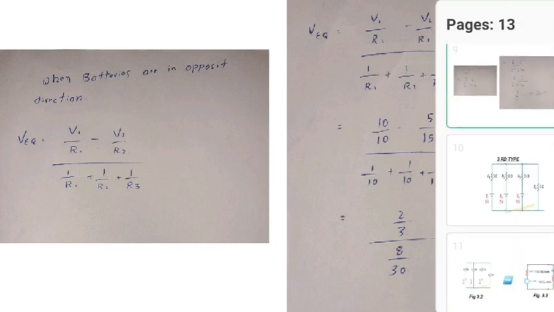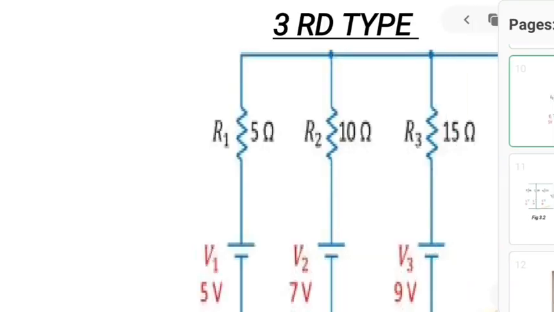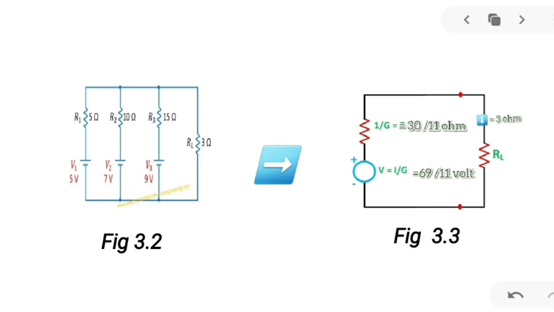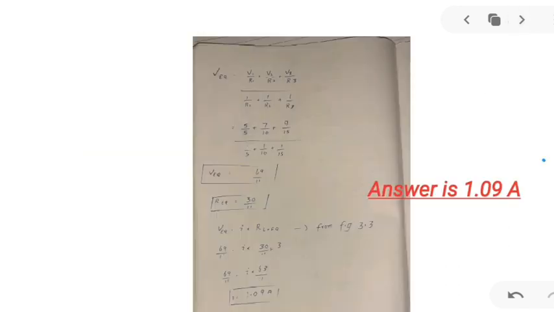And the third type of model of sums, in this figure, what we should do is change this figure into one with one battery which has the V equivalent and one resistor having the R equivalent. First step, find V equivalent, second step R equivalent, then do V equals IR.